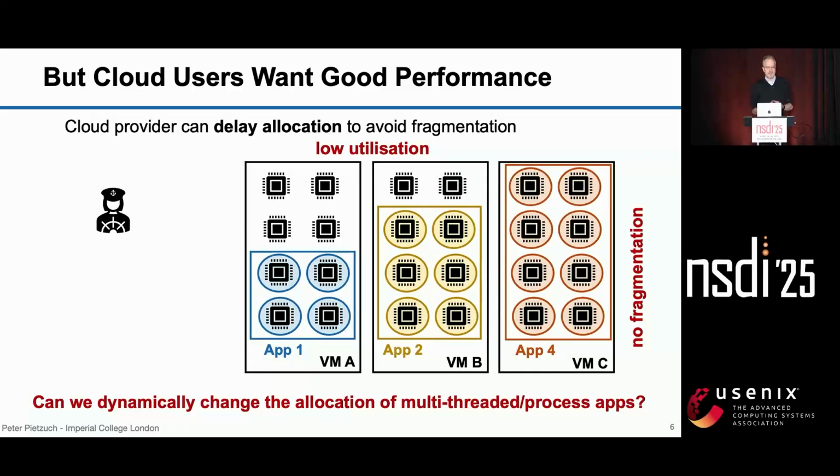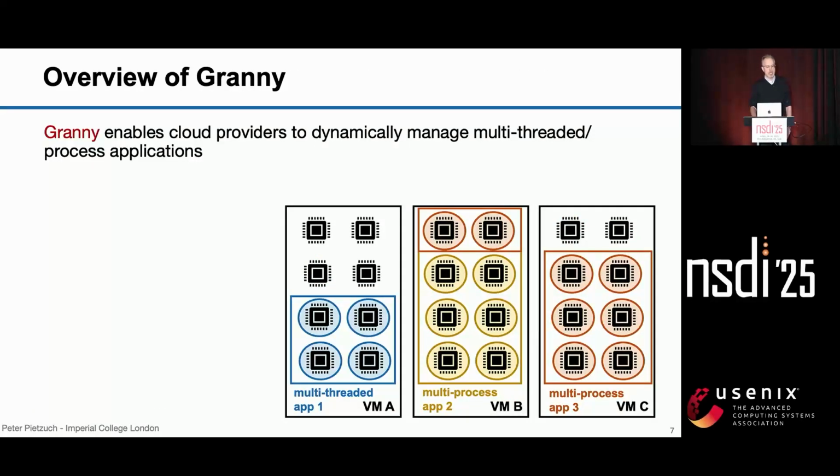So the question that we've asked is, can we dynamically change the allocation of multi-threaded, multi-process applications in a cloud environment to avoid this kind of problem? This is what we've done in Granny. Granny is a runtime that enables a cloud provider to dynamically manage these compute-intensive applications.